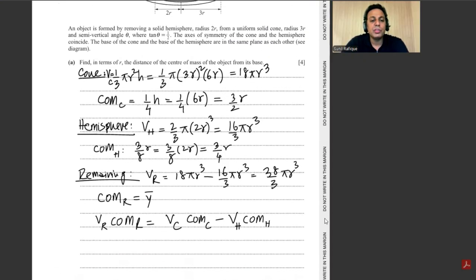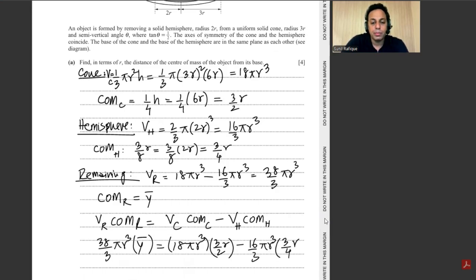And I can use 38/3 pi r cubed and y bar here equals the volume of the cone, which is 18 pi r cubed, and the center of mass is 3/2 r from the base, minus the hemisphere: 16/3 pi r cubed and 3/4 of r.